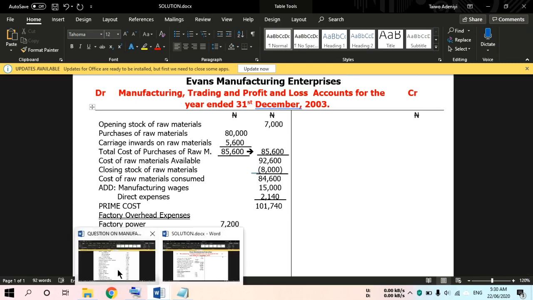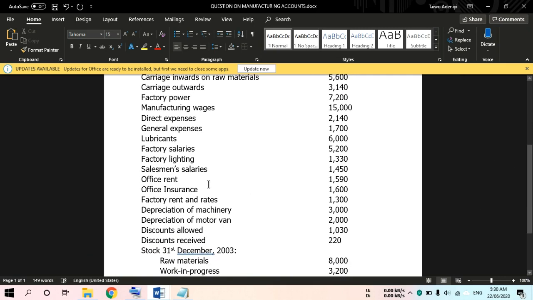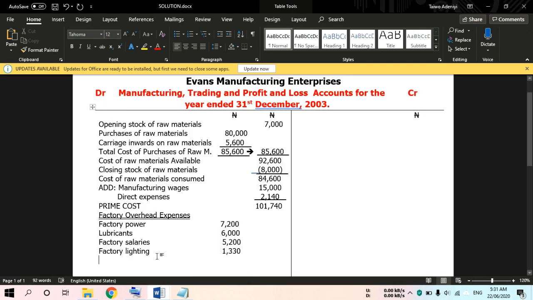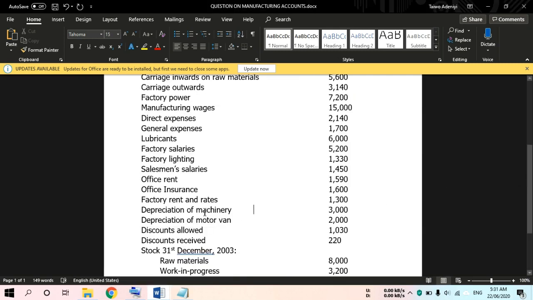Next is to see the factory rents and rates. Factory rents and rates, that is 1,300 naira. Next, depreciation.